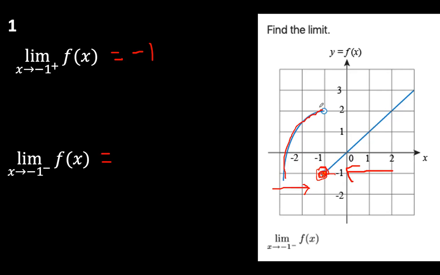Where does it approach? The graph approaches the point -1, 2. Since we are talking about the function value, our answer here is 2. So it approaches this value of y, which is 2. That's why the limit of f of x as x approaches -1 from the left is equal to 2. I hope it's clear.